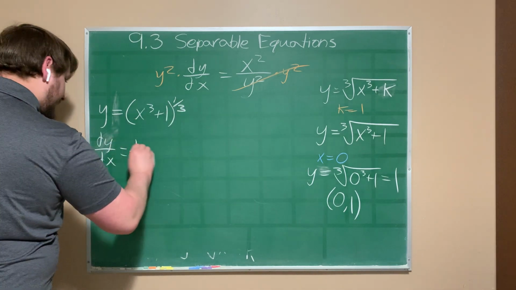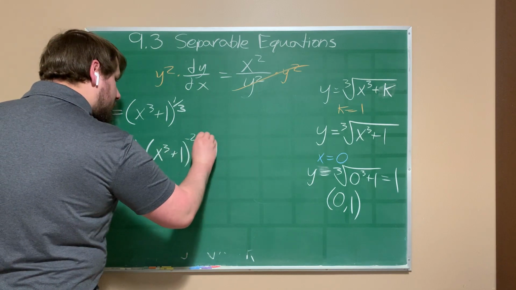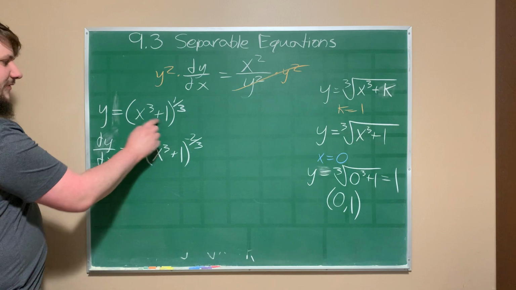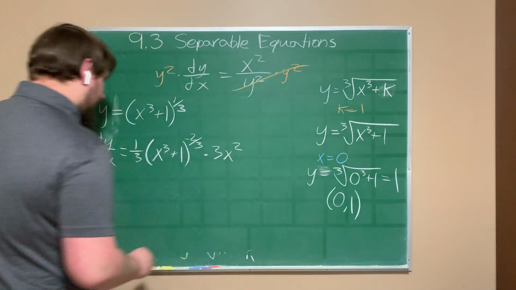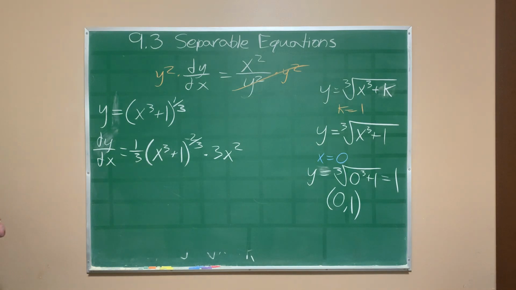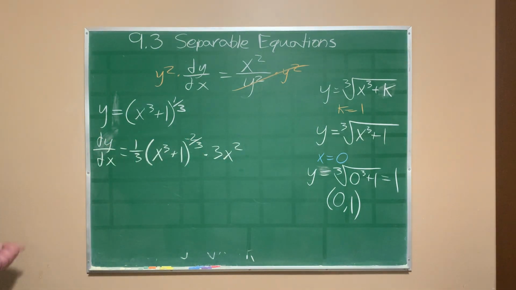Take the 1/3 down in front. X cubed plus 1 to the power of negative 2/3, and multiply by the derivative of the inside, which is 3x squared. Now, if I plug in x equals 0 here, do I in fact get a derivative of 0? Yes, I do, because if x is equal to 0, then this whole thing will just multiply and give me 0.